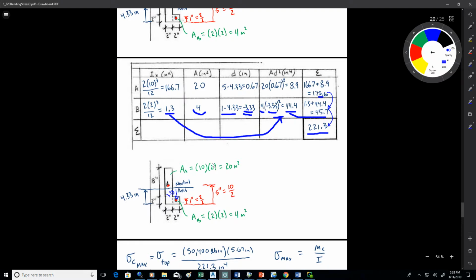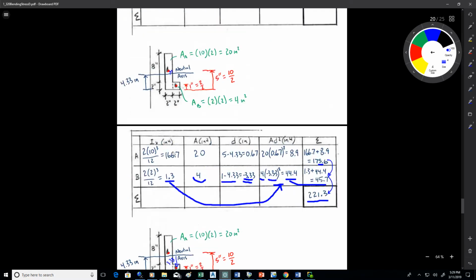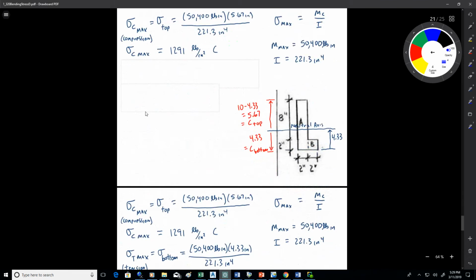Okay, now I got M, I got c, and I got I. So I can calculate the maximum compressive stress, which would be the moment times the c to the top of the beam, because that's where the compression is. The beam's bowing downward as it's loaded, so that compression will be on the top.